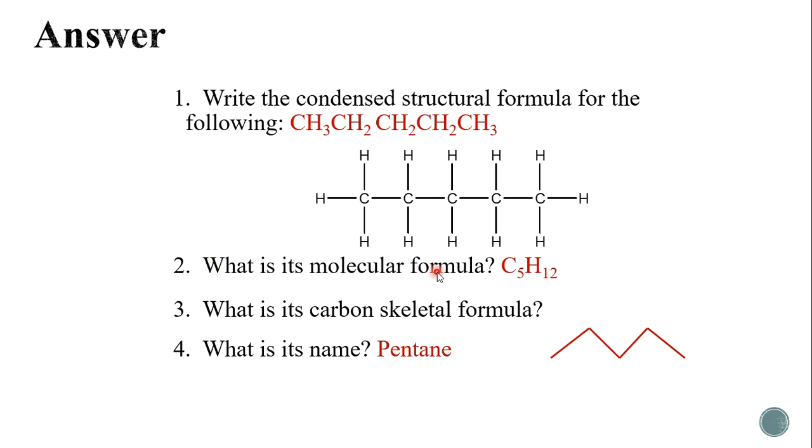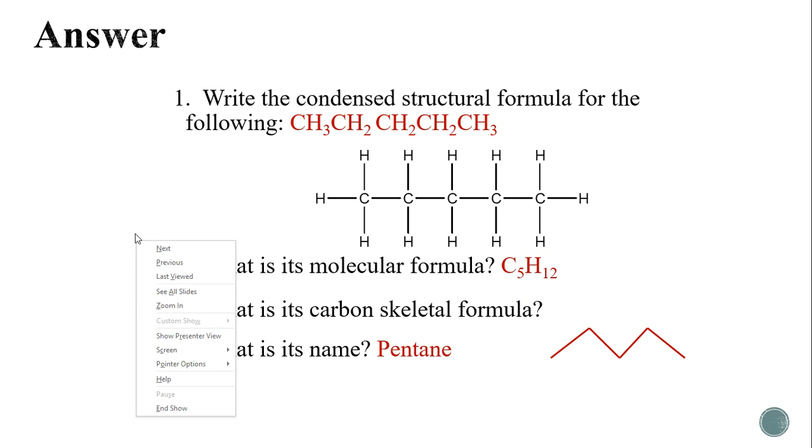For the molecular formula, you're just counting the number of carbons and hydrogens. So 1, 2, 3, 4, 5. So 5 carbons, and then 3, 4, 5, 6, 7, 8, 9, 10, 11, 12 hydrogens. For the skeletal, here's kind of how I do the skeletal structures.